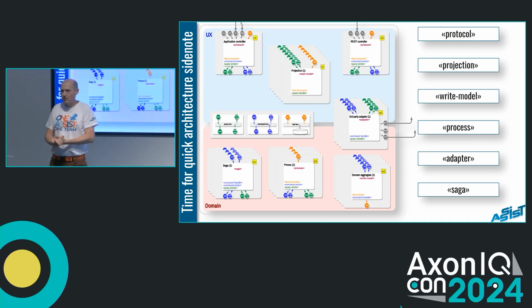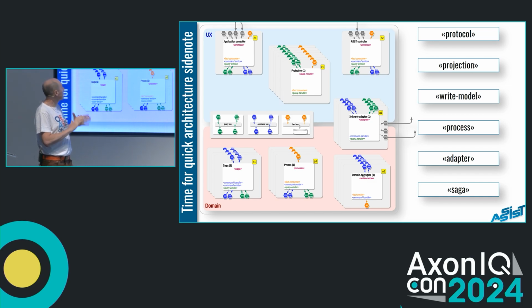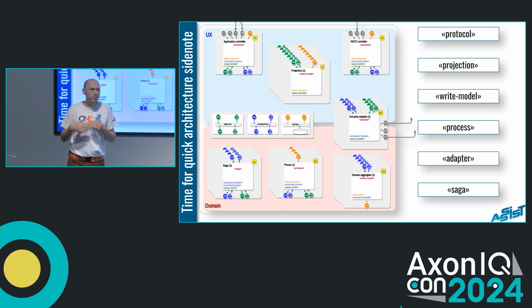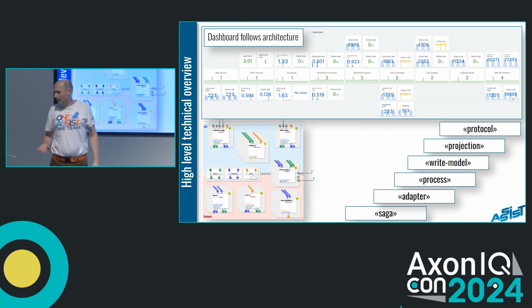Yeah. Application architecture. I showed this picture last year. Not going to describe it, but this is our application architecture. It's pretty standard. We have 6 stereotypes that we are applying, and that's it. And we have Axon Server in the middle. But we have a dashboard that really reflects this architecture.